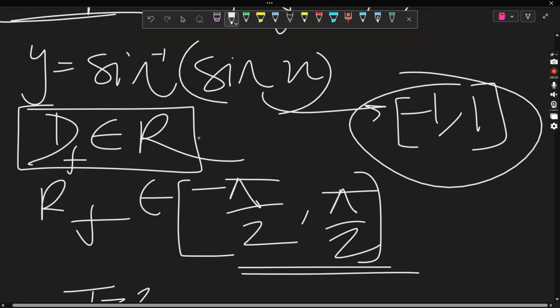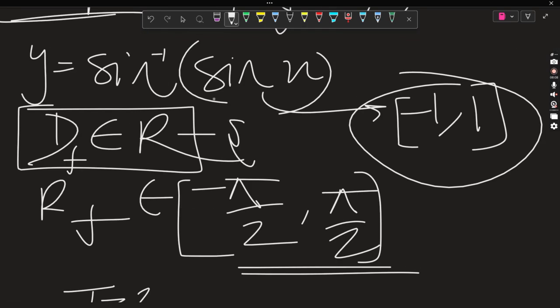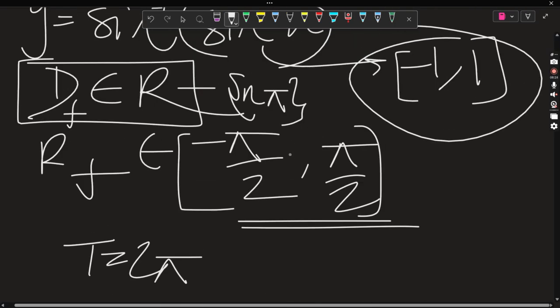In case of domain, you will find that not on all these real values will your cosec inverse of cosec x be defined, because 1 by sin becomes 0 at 0, pi, 2 pi, 3 pi, in a sense n pi. So out of all the real values, n pi values will be excluded, and thus in case of minus pi by 2 to pi by 2, you will observe the 0 value will be excluded.